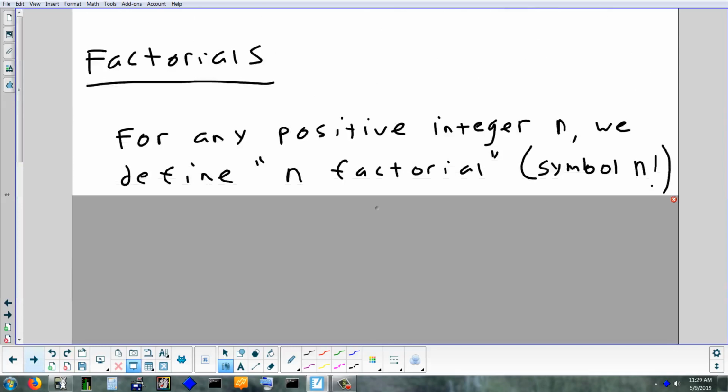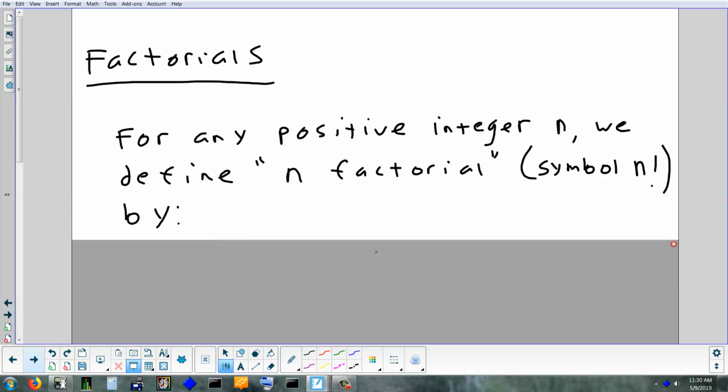What we have here is it says basically for any positive integer n, the way you pronounce it is n factorial. If you wanted to read what's in parentheses here, it's the symbol n. You say it because it's an exclamation point, you have to get excited. It's a rule. All right? So that's the symbol for a factorial. Put an exclamation point after the letter.